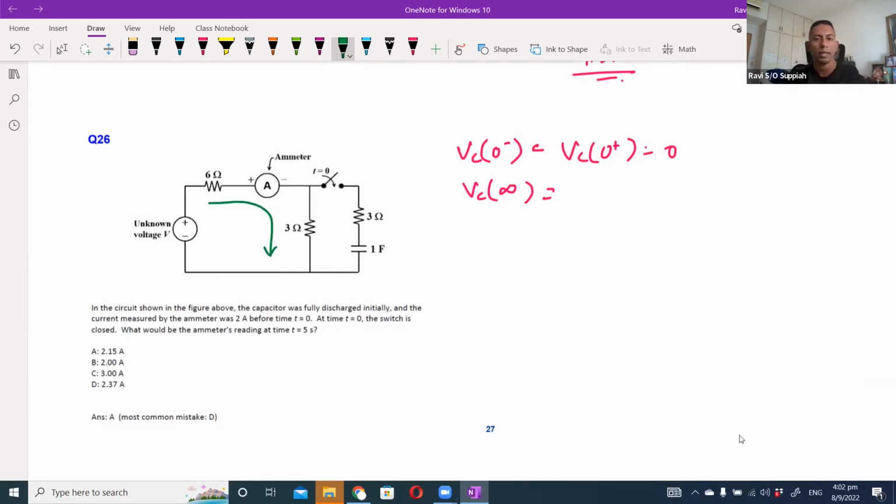So the voltage across the capacitor is the same as the voltage across the 3 ohm resistor, because the capacitor side is already considered open circuit. Since 3 ohm and 6 ohm are in series, it's just the voltage divider rule.